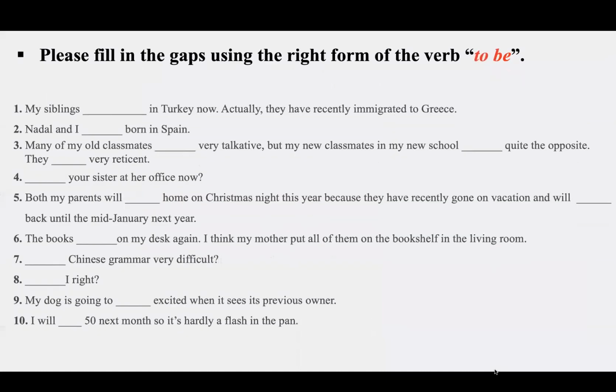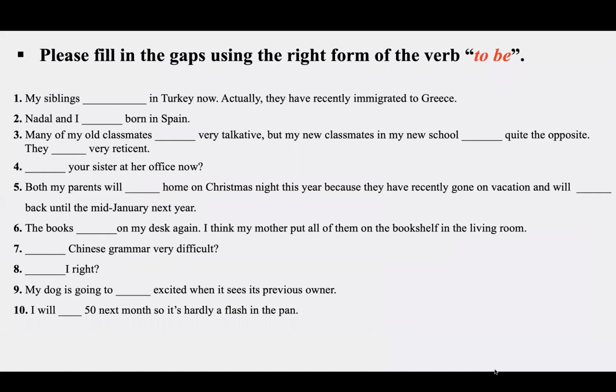At this point of the video, I want you to pause it and check those sample sentences. And in each sentence, I want you to pay attention to the subject of the verb and the object of the verb. And then decide which verb tense or verb tenses you should use.